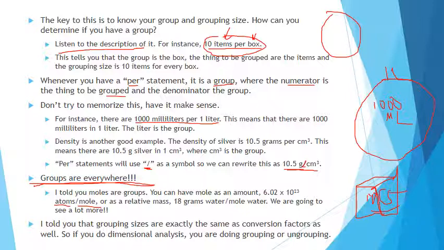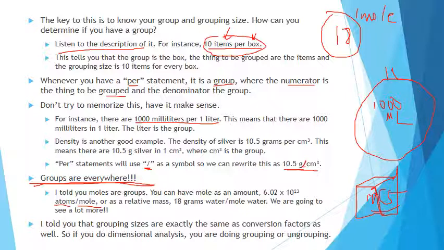Or in terms of relative mass, if you have 1 mole of water, so 6.02 times 10 to the 23rd waters, it's going to weigh 18 grams. So inside a mole container of water, it weighs 18 grams. Also, remember it has 6.02 times 10 to the 23rd.